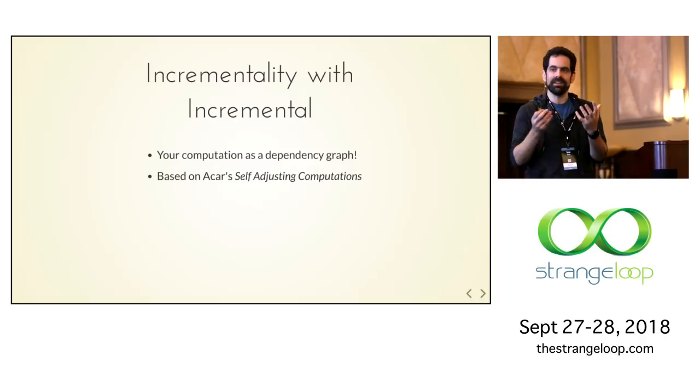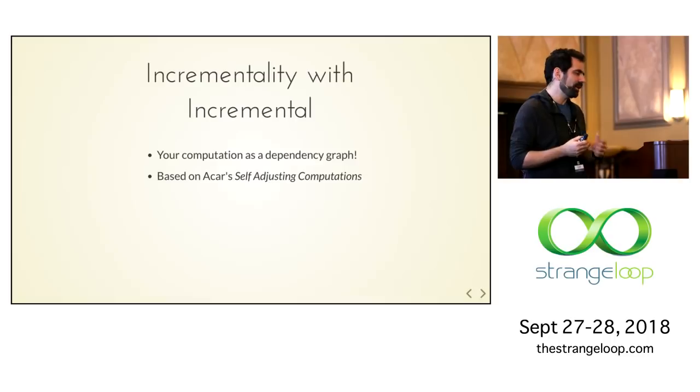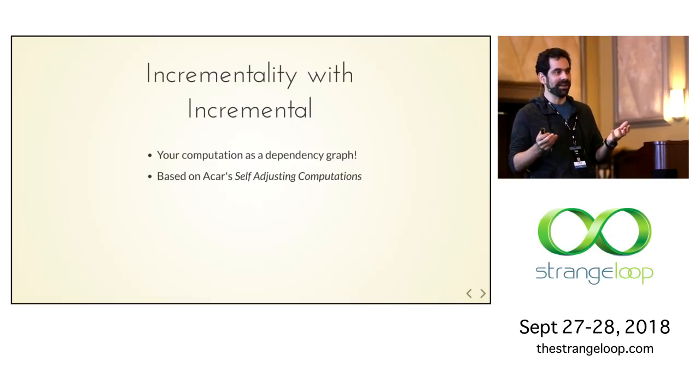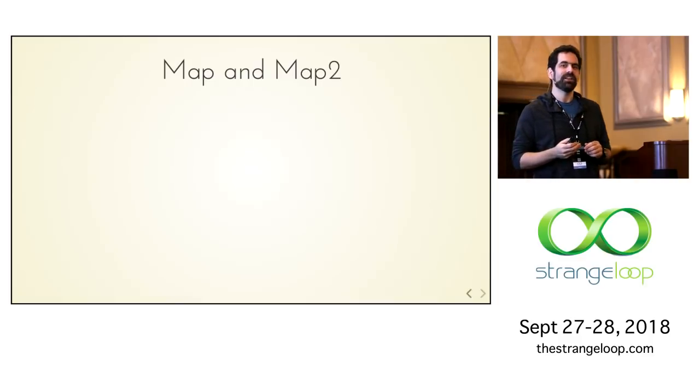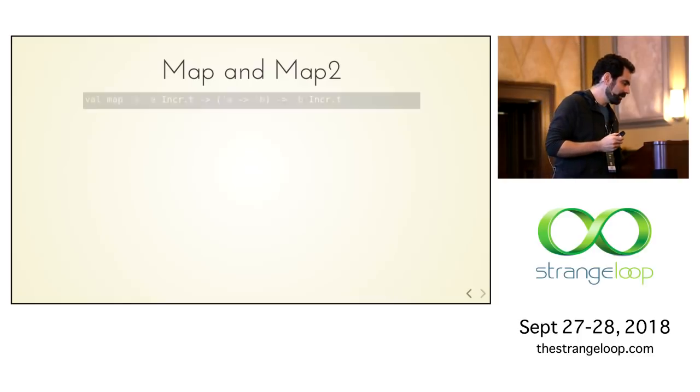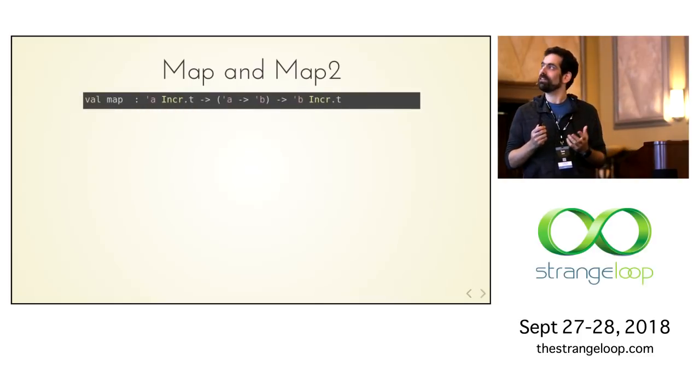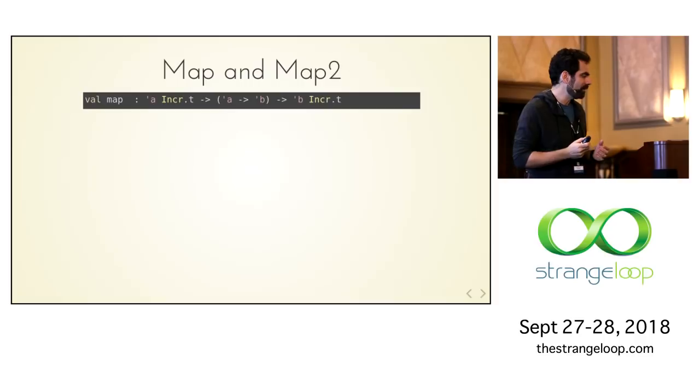So I want to explain the core of this API. I could explain it by saying, oh, it's a monad, but that's a really lame explanation. So instead what I'm going to do is walk through the core combinators one by one and try and give you a sense of what they're useful for, and in particular what they do at the level of the graph. So the first one is map. Here is the type signature of map.